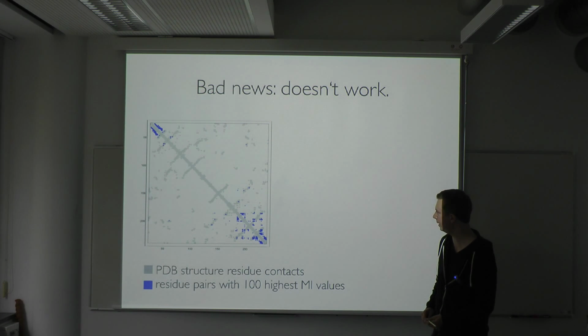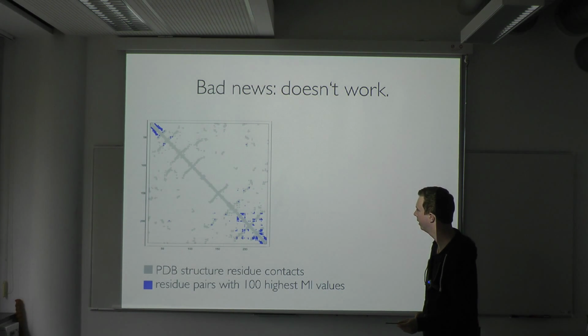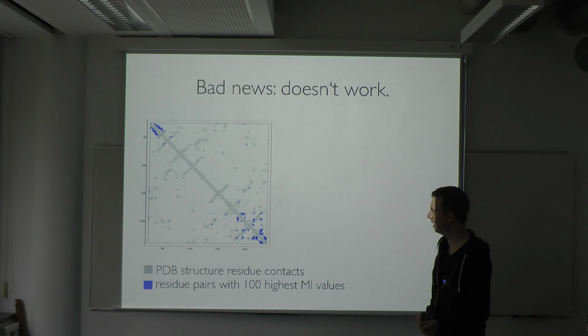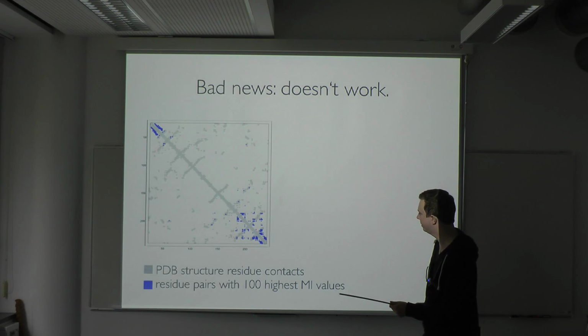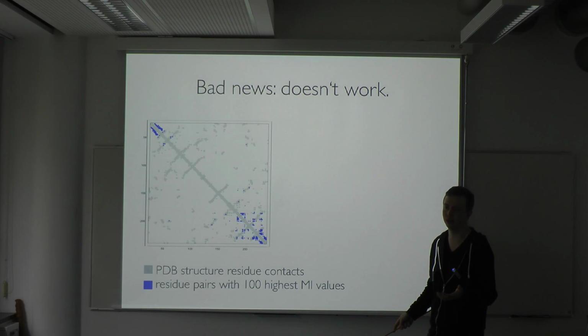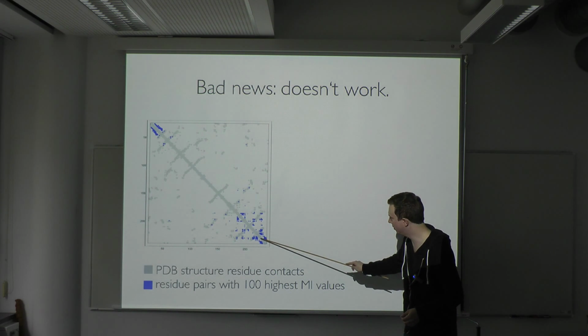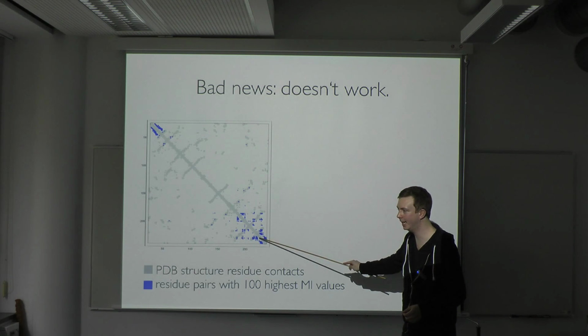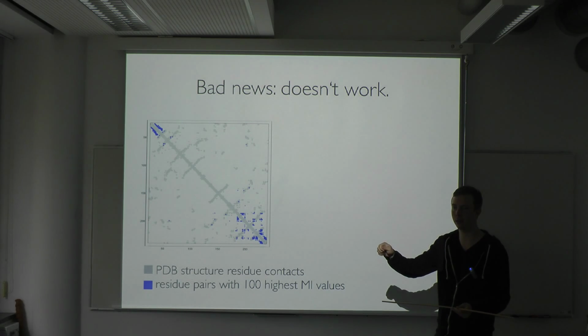Now, it shouldn't follow the diagonal, right? The blue dots are not supposed to go on the diagonal. The diagonal is because it's the same element on the same element, so the very diagonal is just the same. There is no contact as such because it's the same residue. But if you go just one step on either side of the diagonal or two steps, this is the chain of the protein, it's the backbone.